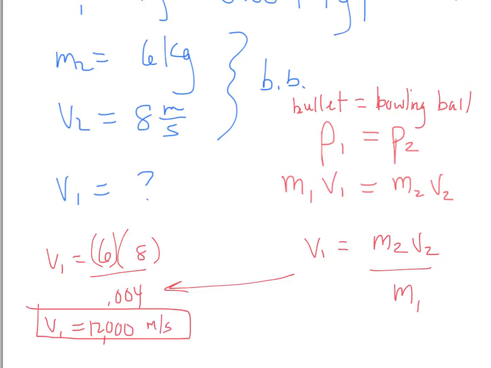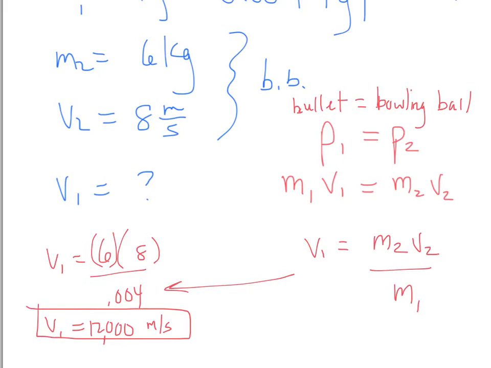A bullet has to travel 12,000 meters per second in order to have the same momentum as a bowling ball that's traveling down the bowling lane. It really, really emphasizes the importance of mass when you're looking at momentum. Okay? So again, that's a simple example of how momentum can be the same between two objects of different masses by having different velocities.